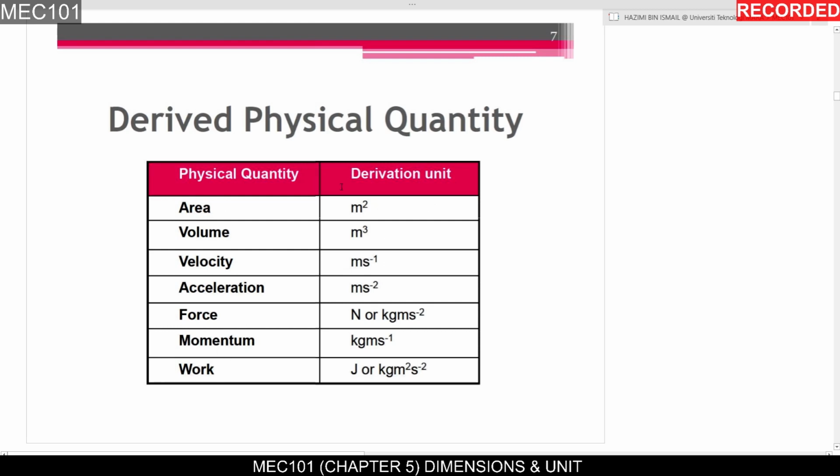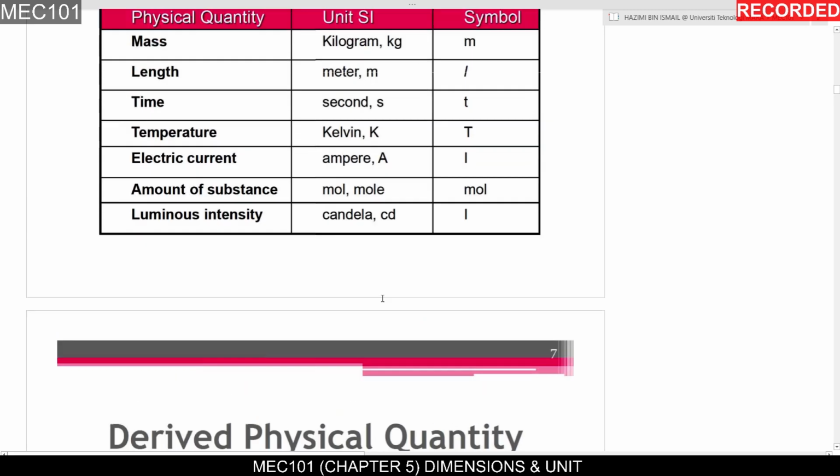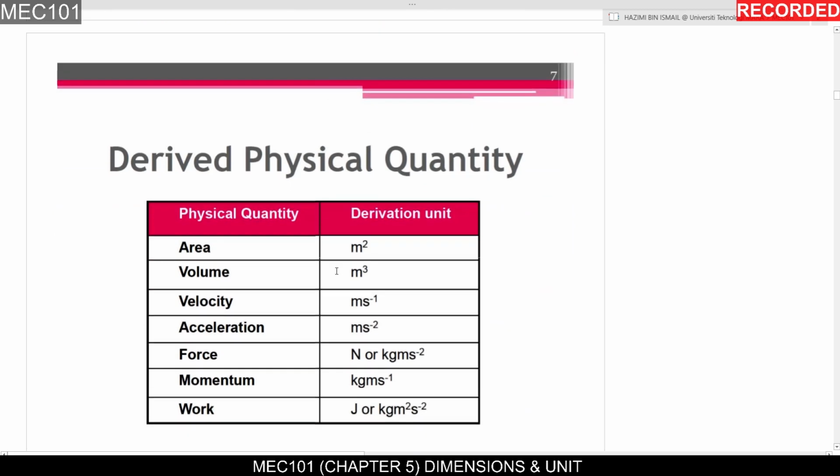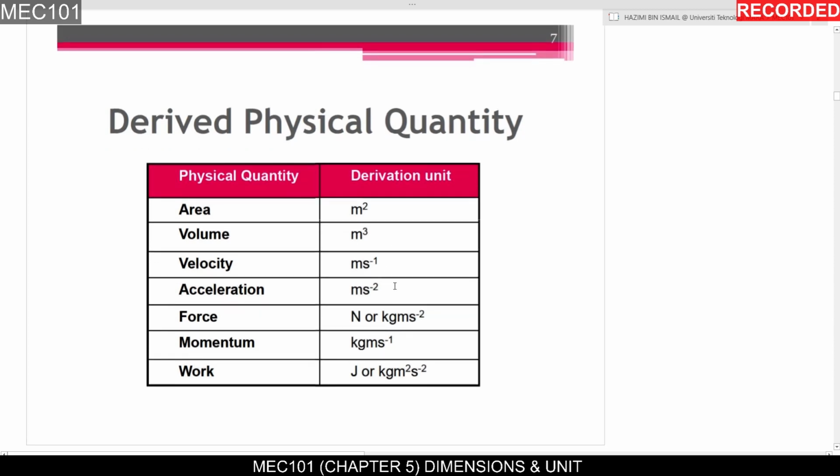So its units will be based on the basic units. As an example here, we have meter square, which means length times length. For the volume here we have length times length times length, because the index of the unit represents how many times you multiply that basic unit.